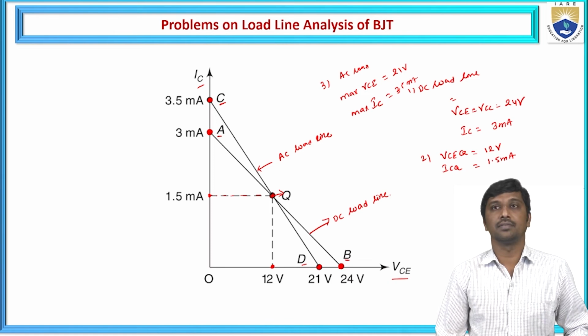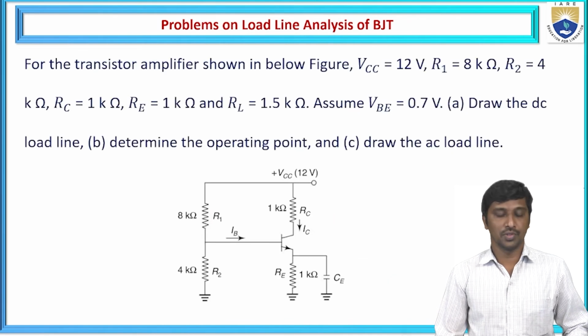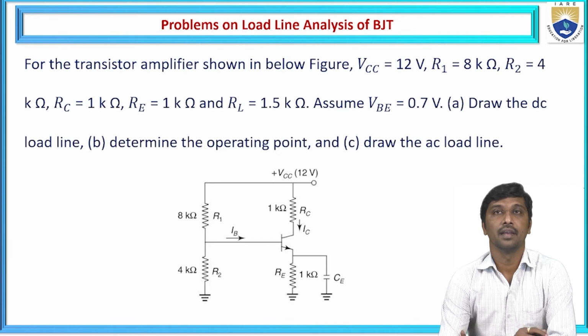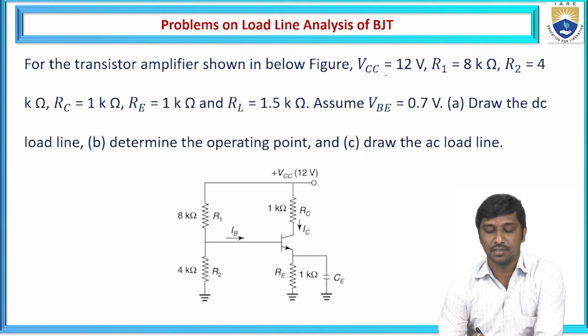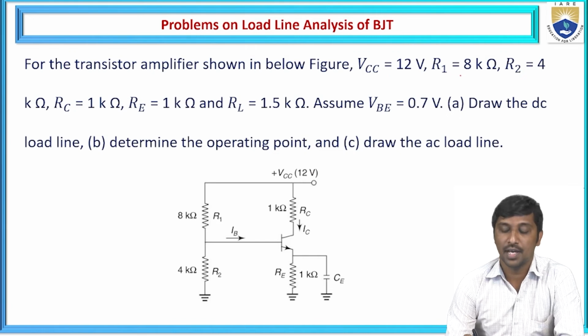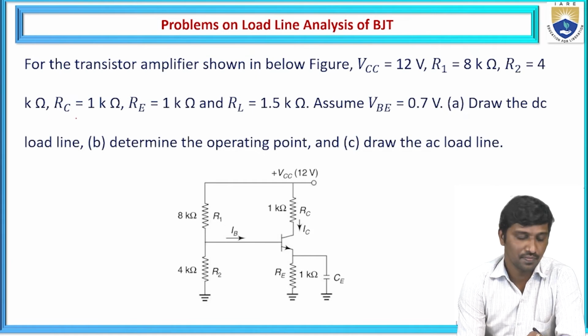So similar to this one, now we are going to observe another problem. For the transistor amplifier shown in the figure below, VCC is 12 volts. Let R1 be 8 kilo ohms, R2 be 4 kilo ohms, RC be 1 kilo ohm, RE be 1 kilo ohm, and RL be 1.5 kilo ohms.